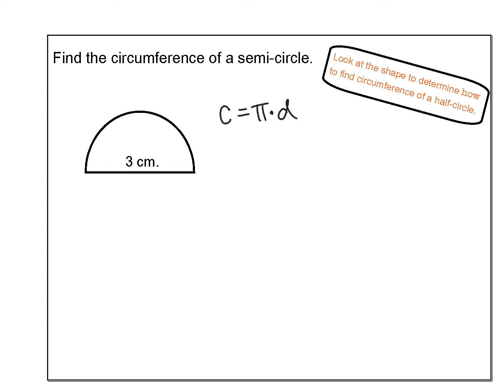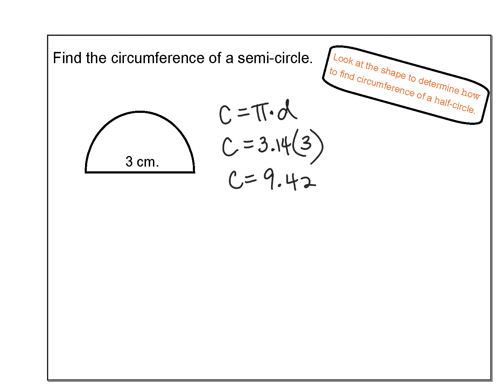All right, so if we do that, circumference equals pi times d, I can go ahead and plug in my numbers. I'm finding circumference, so I don't know it yet, and pi is 3.14, diameter in this case is 3. So I can multiply all this together, circumference 3.14 times 3, and I'm going to find out that my circumference equals 9.42.